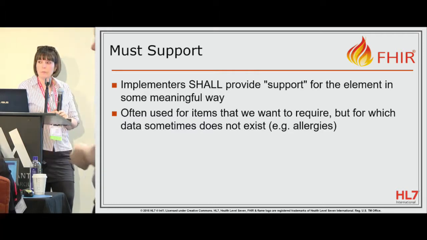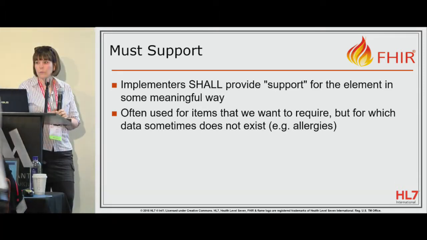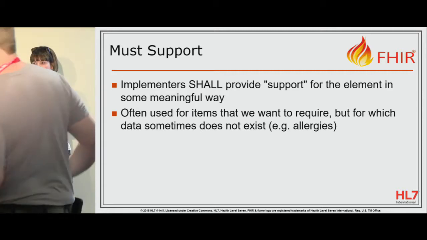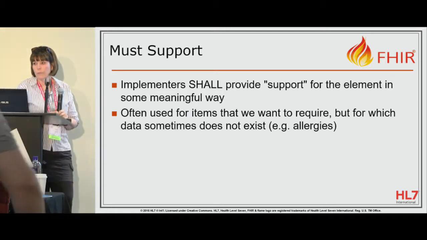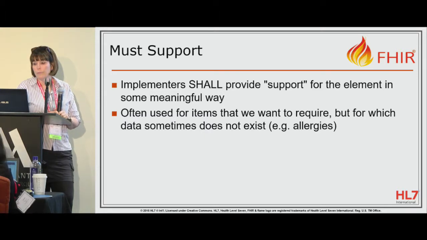Well, and the other piece is must support has the added feature, I'll say, that if your system knows the value, it must send it. Right? And that's where Lloyd was kind of implying a little bit. If you were to put into your profile just min occurs 1, it's very possible somebody's just going to hard code that.